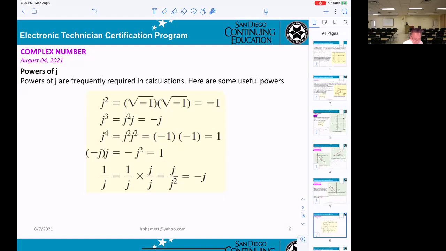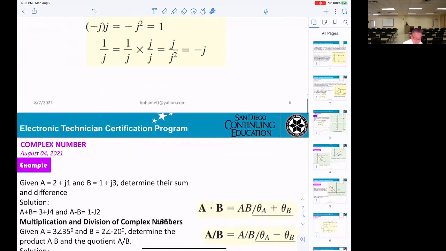So when they times 1 times j, you get j. j times j, you get j squared. And j squared is minus 1. That's the answer for 1 over j, the same thing as minus j. Okay, any question? If not, go here.